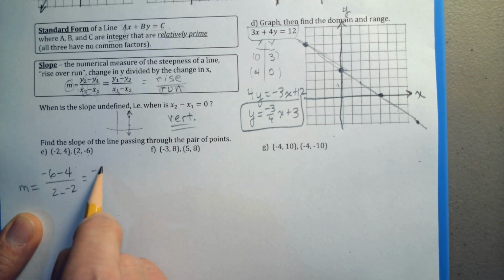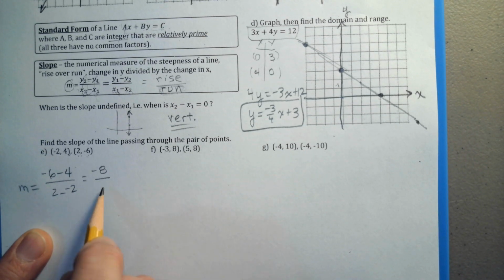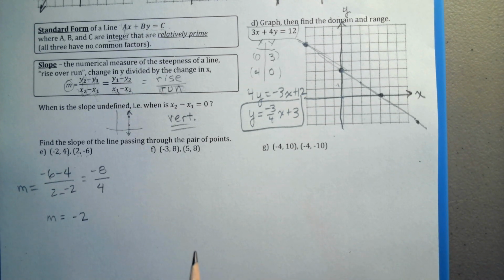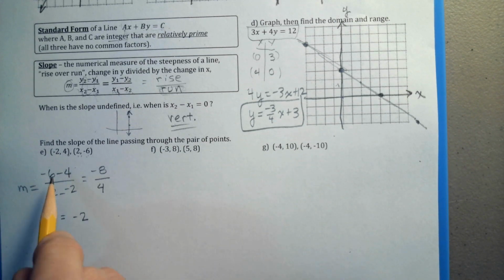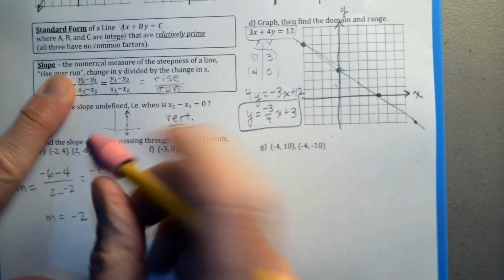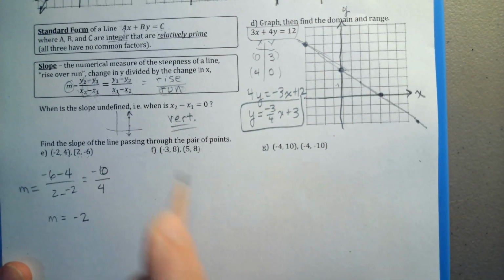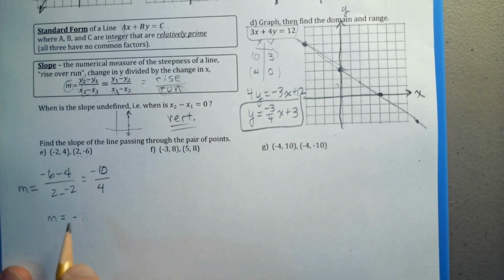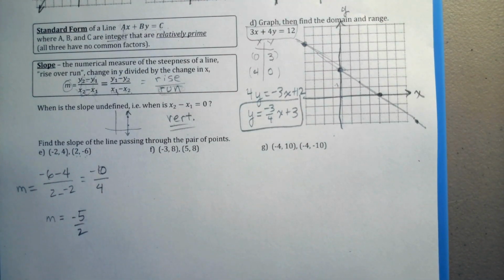All right, so upstairs we get what? Negative 8, and on the bottom we have 4, and so the slope is negative 2. Wait a minute, no, sorry, that's not 8. I'm not sure how I got 8 there. That's negative 10. So that's going to be not negative 2, but rather we reduce that, of course, negative 5 over 2. Okay.